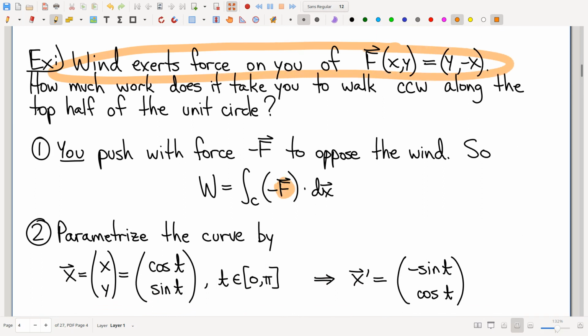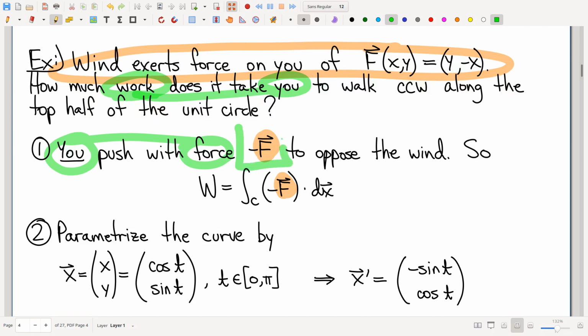That's what the wind is doing. You need to know how much work you are performing. Therefore, you want to know how much force you are pushing with, and you, of course, are opposing the wind. So the wind is pushing with force F, and you are pushing with force negative F.